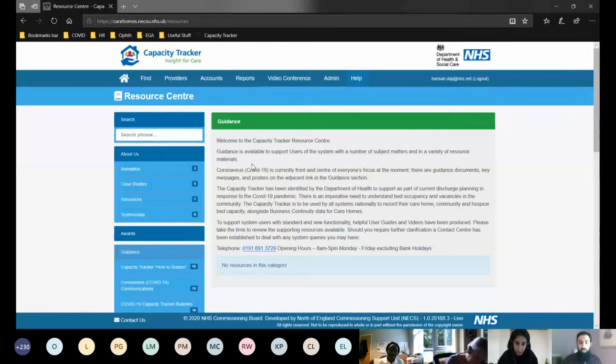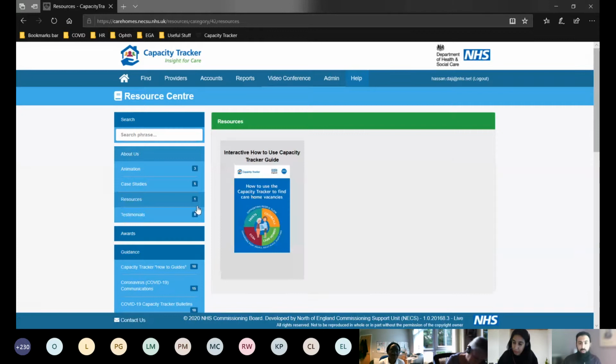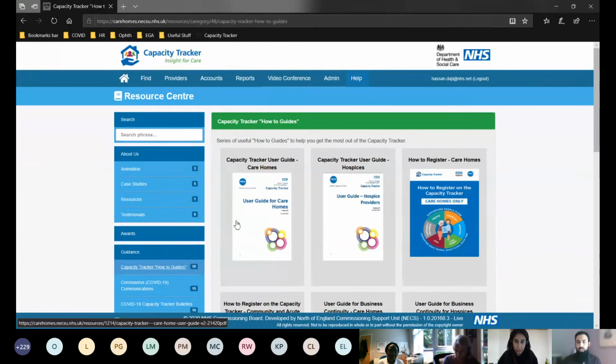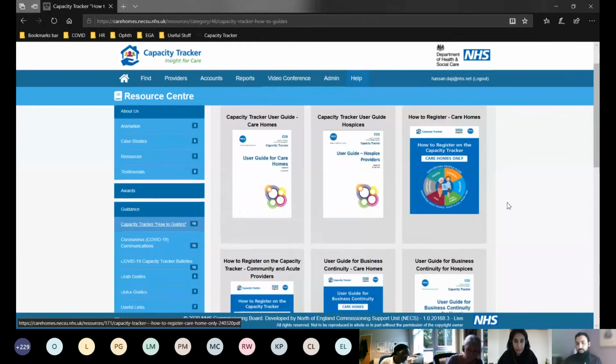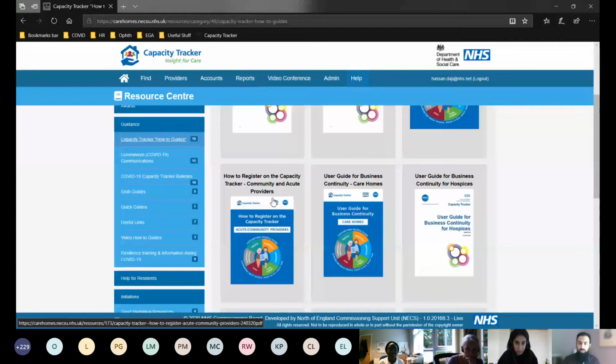Within the resource centre, there are a couple of resources that are quite useful. There's an interactive how-to-use capacity tracker guide that has in-depth information around RAG rating and that kind of stuff as well. Separately, there is a how-to guide for care homes and hospices, and then there are small crib sheets around specific bits of the care home: how to register for care homes, how to register for community and acute providers, and how to update your business continuity.